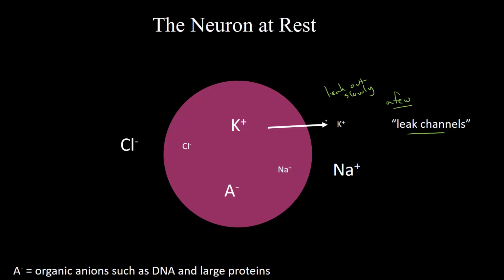Now, what effect would that have on the membrane potential? We'll go through this in more detail later, but if this goes out, I'm losing positive charges. That's going to make the inside more negative. So fewer positive charges equals more negative. That's going to hyperpolarize my cell.